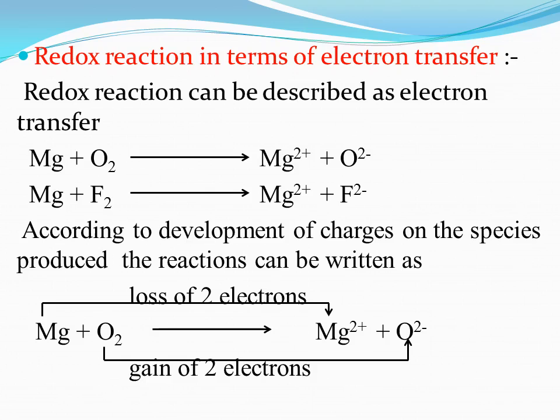In this example, the arrowhead which joins Mg to Mg2+ shows loss of 2 electrons, and the arrowhead which joins O2 to O2- shows gain of 2 electrons.